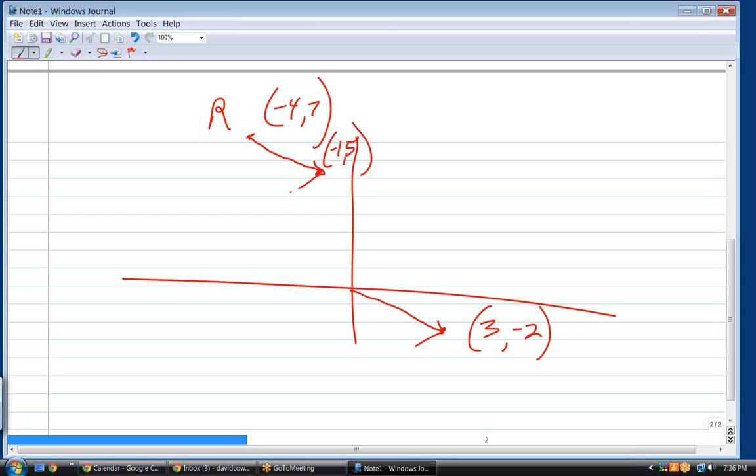So there's our S. Well, certainly the way I've drawn it, they look similar, but do they have exactly the same angle? What about these 2 vectors do I need to know? Slope. What's the slope of RS?